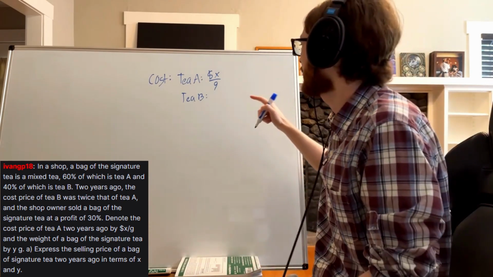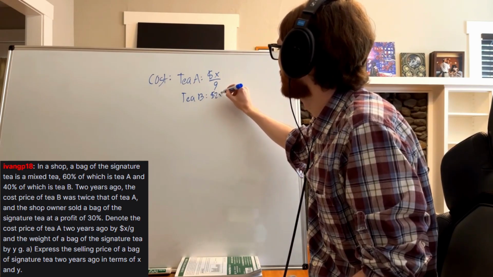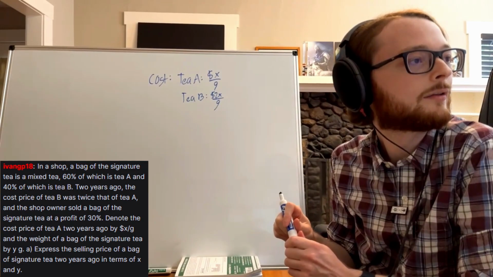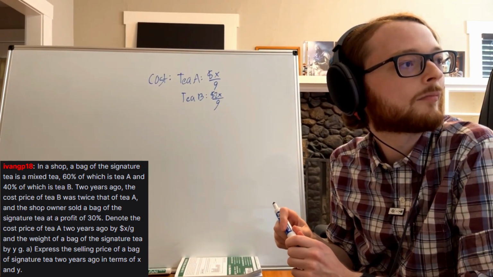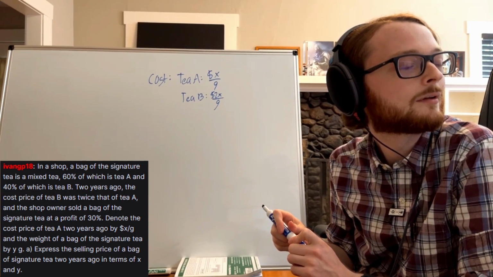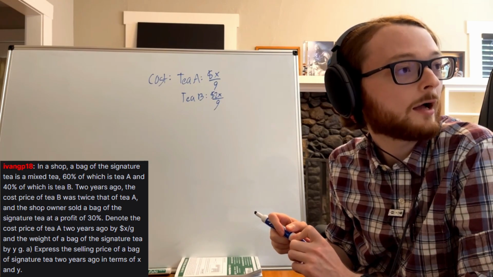So that means the cost for TB is going to be 2 times X per gram. So that means the total cost.